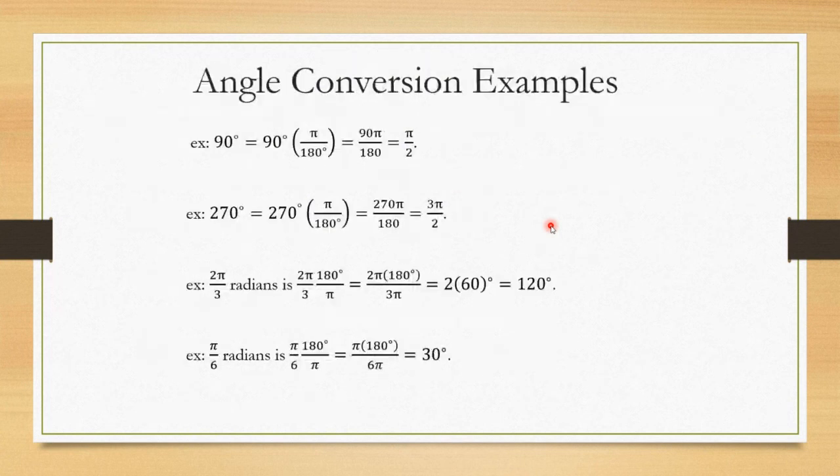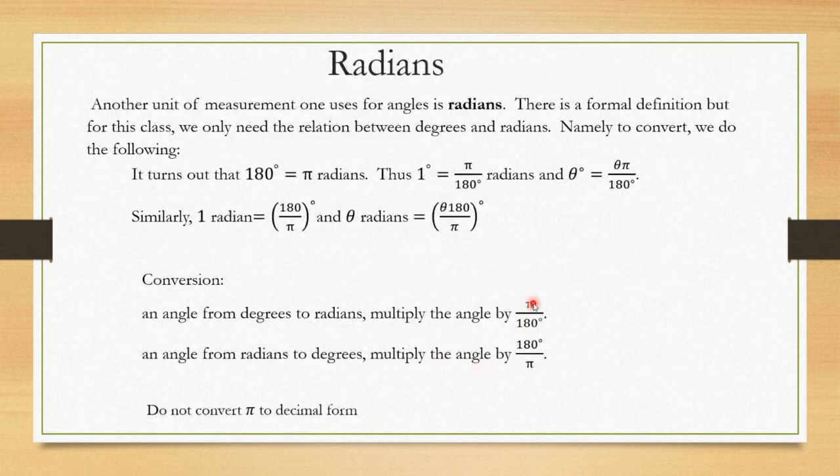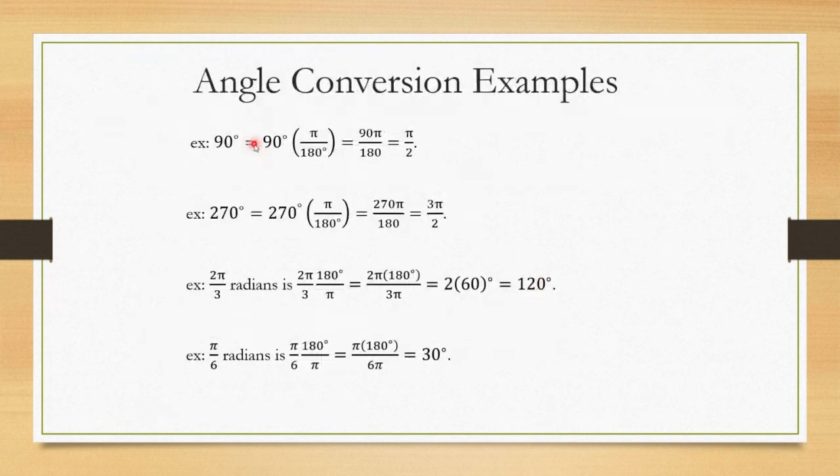Okay. Let's do some examples of this. So if we have 90 degrees, for instance, what we want to do is write that in radians. Okay, how do we do that? Well, going by this, we have to multiply by pi divided by 180 degrees. We're going from degrees to radians. So 90 degrees equals this product, okay?